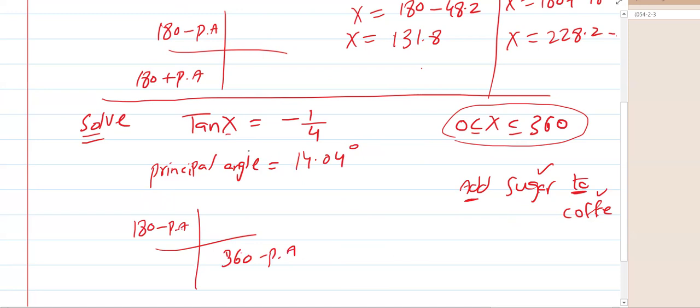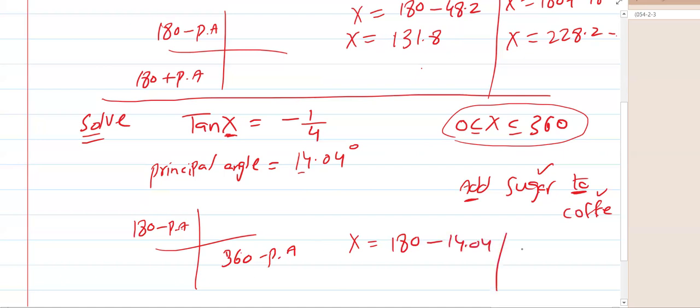So let's take now. You can take 14.0 or 14, no problem, because it's 14.0, so it's okay. I'll take 14.04 for a more accurate answer. So if it is x, if it is here, it will be 180 minus 14.04.